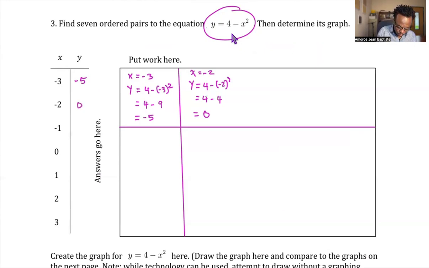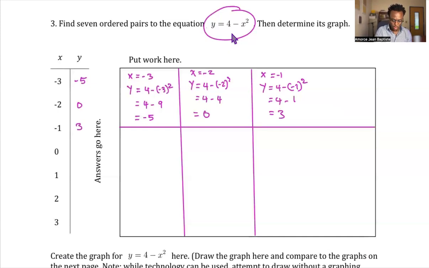When x equals -1, y is 4 minus -1 squared, that is 4 minus 1, that is 3.